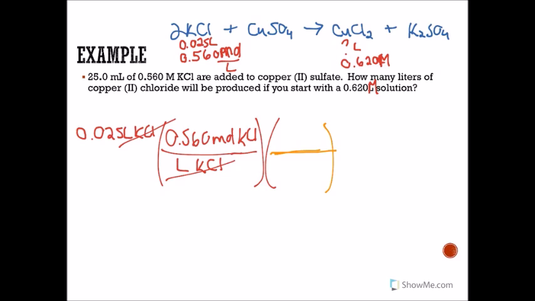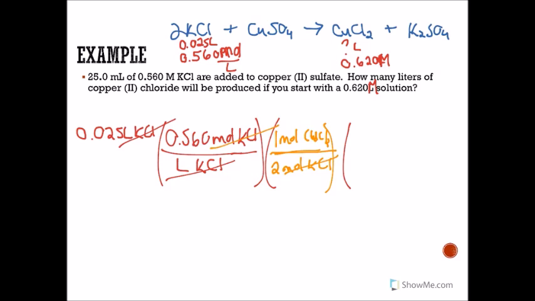Next, we have moles of potassium chloride on the top. We need 2 moles of potassium chloride on the bottom. And we have 1 mole of copper 2 chloride. Now that our moles of potassium chloride have canceled off, we need to find liters, and we use our molarity in order to find those liters.